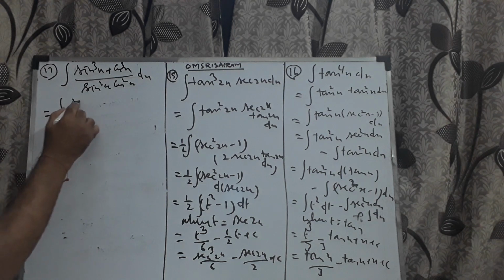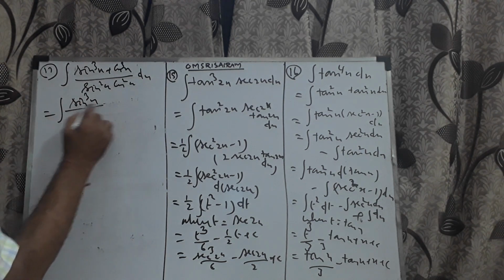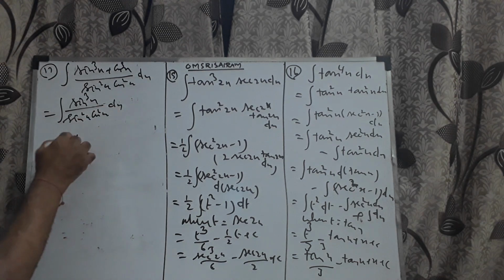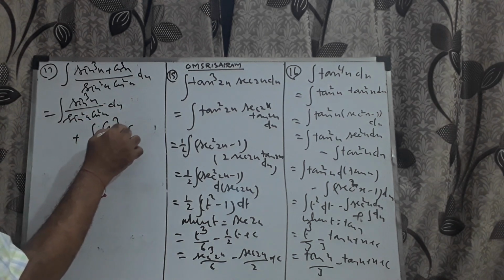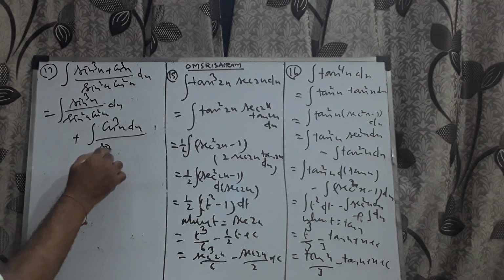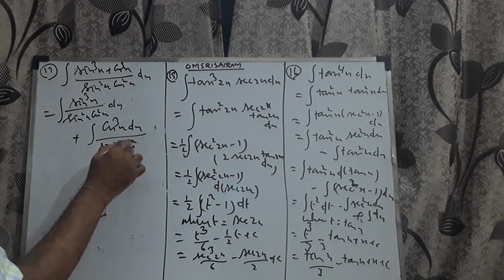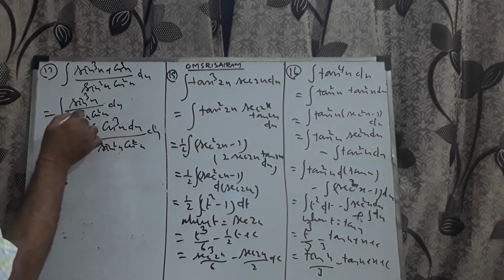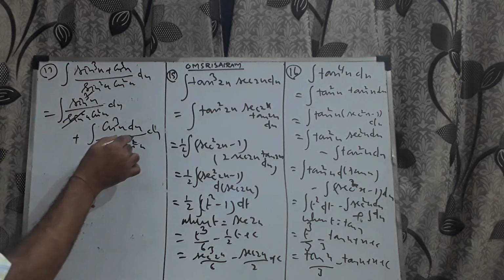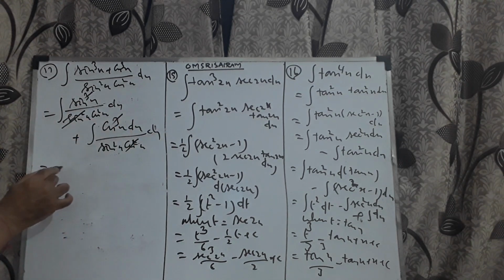Let me divide individually: integral sine cube x by sine square x cos square x dx plus integral cos cube x by sine square x cos square x dx. Here sine square x gets cancelled, and here cos square x gets cancelled.